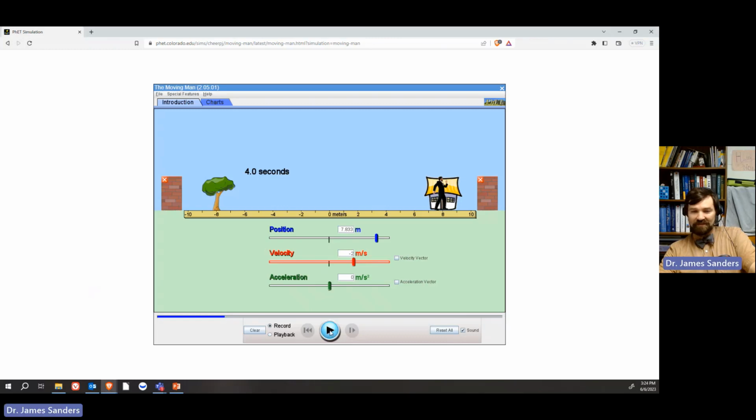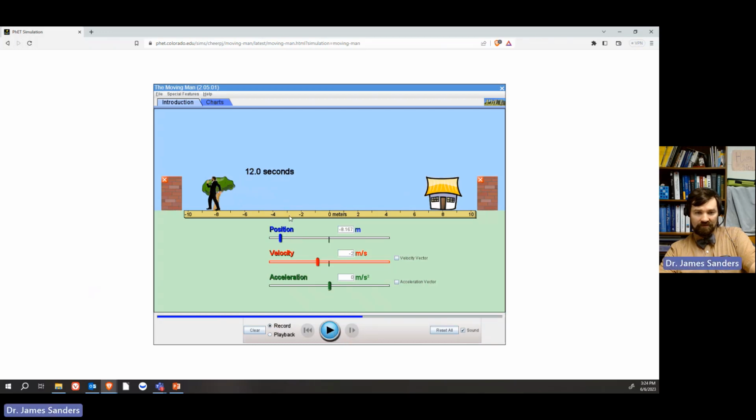So let's see if that's true. We should be able to hit play, and this should go from 4 up to 12 when he gets around to this tree. Okay, so let's go play. Waiting for him to get to the tree before we hit stop.